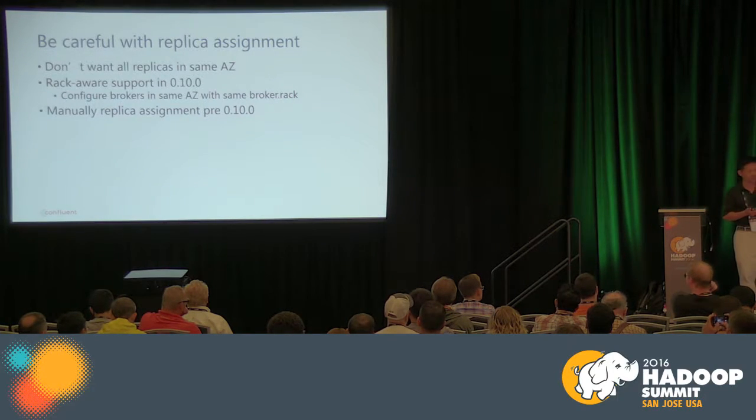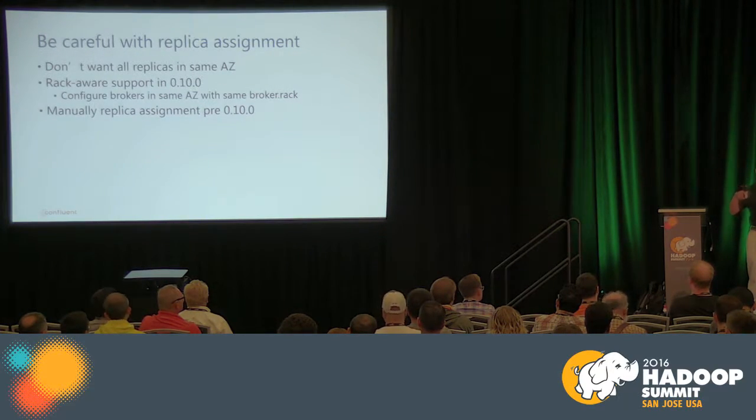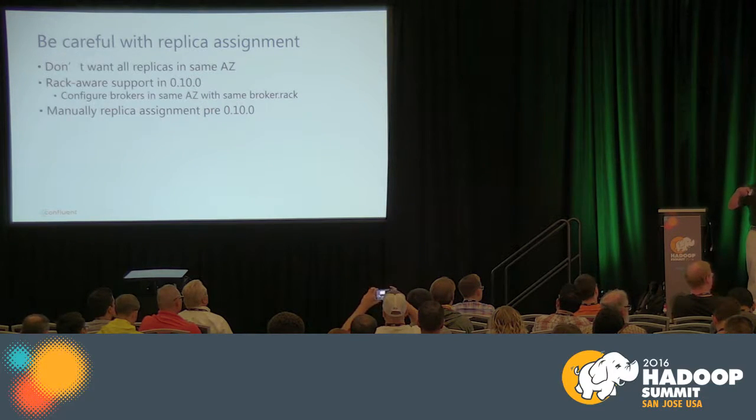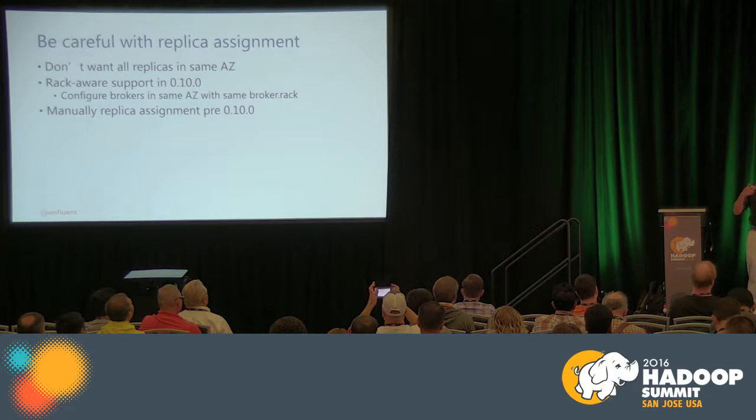So this is actually made convenient in our latest release, which is the 0.10 release in Apache. In 0.10, one of the features we added is rack-aware support. With this, if you set up these brokers across different AZs, you can configure all the brokers in the same AZ with the same broker.rack property, and different AZs are given different labels for the rack.